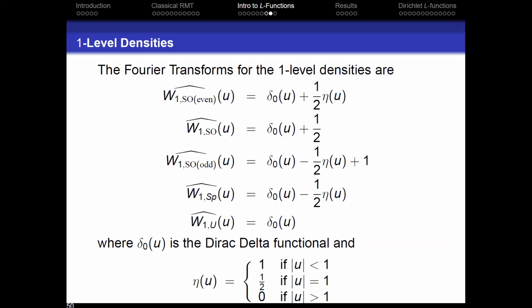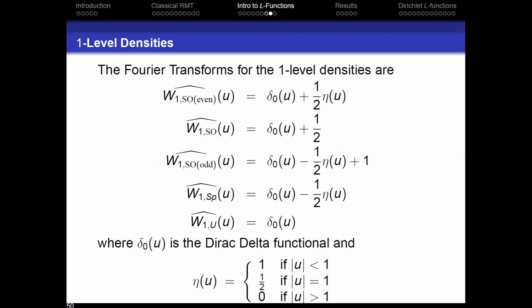And so for the one-level densities, here is what you would explicitly calculate. The important thing to note is that the three orthogonals are indistinguishable if the support is less than (-1, 1).